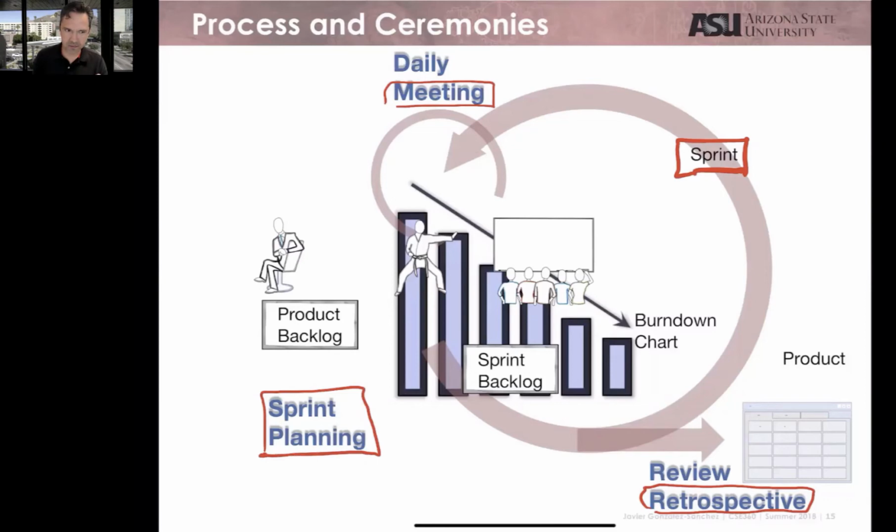Okay, so I have a sprint planning. Yeah, you plan what you are going to do in 2 weeks. At the end of the sprint, at the end of those 2 weeks, you can tell me your retrospective, what happened with your team. And at the end of the sprint, you have a product that I can review and check how the project is moving forward.